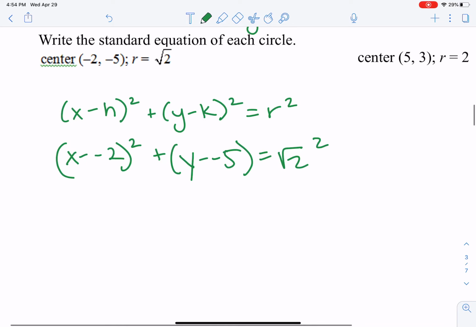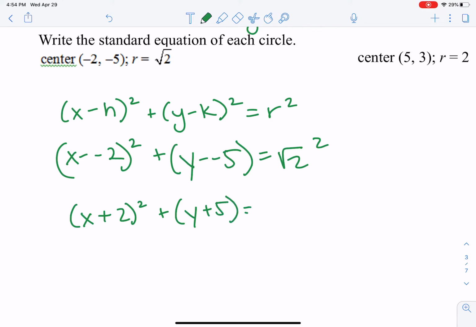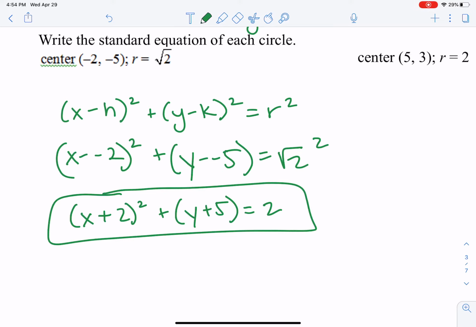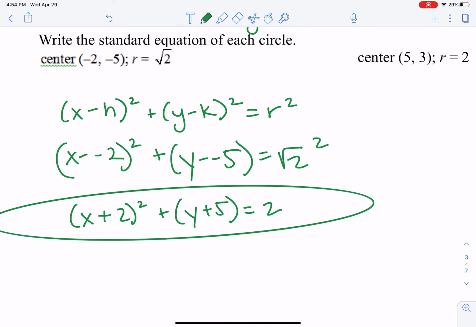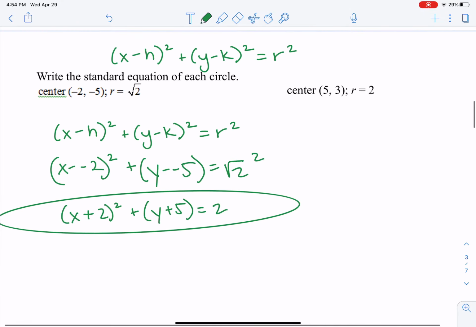That is your answer, but it looks kind of not neat to me, so I like to write that minus a negative turns into a plus, and minus a negative turns into a plus, and the square root of 2 squared is just the number 2. So that is your equation for the circle, or the distance from the center to the edge.